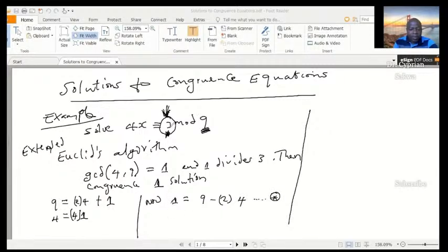Now, what we wanted was 3 equals something times 4 plus 9 times something b, so that this r that is multiplied by 4 becomes the solution. This is what we wanted, but this is what we have. So to get a 3 here, I only need to multiply star by 3.